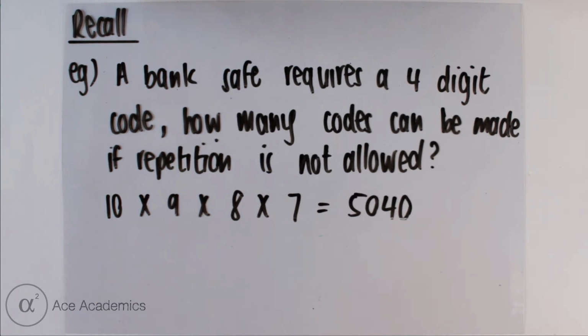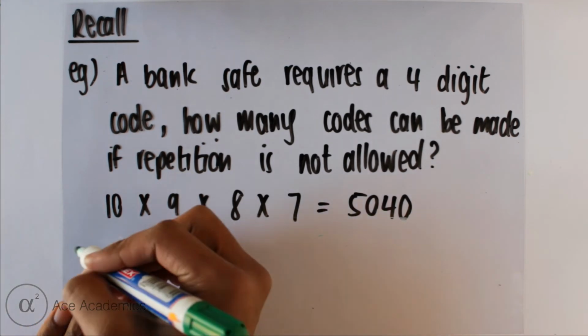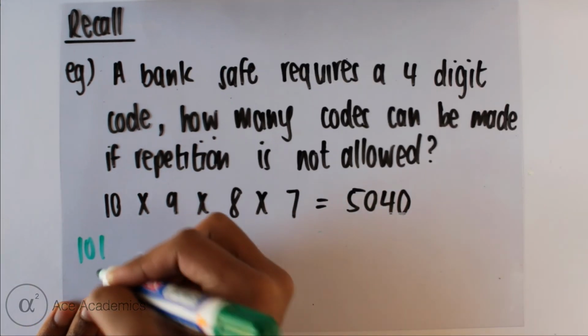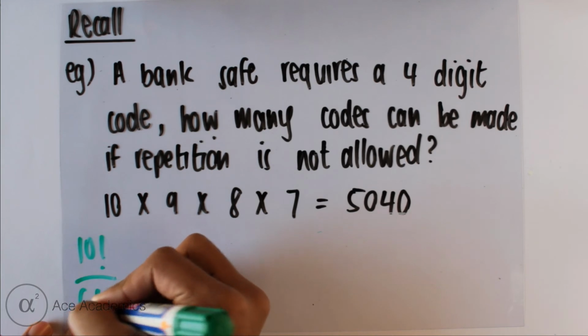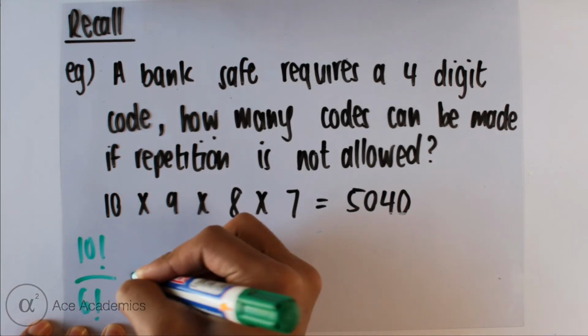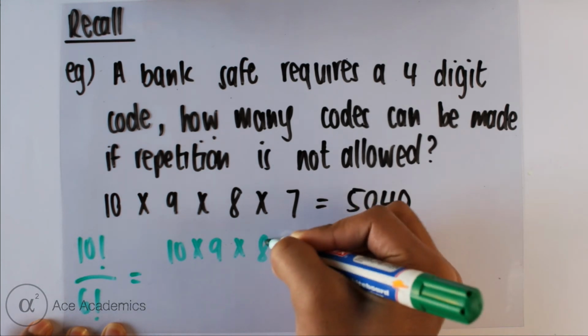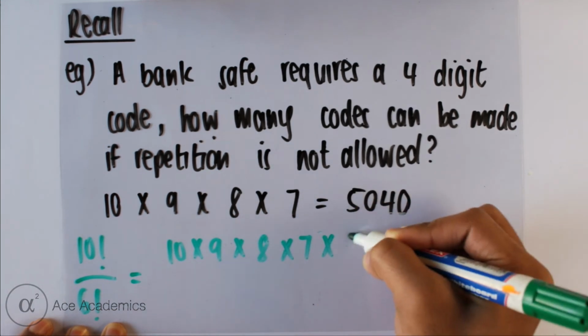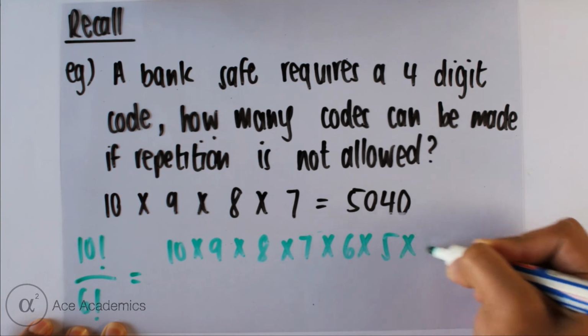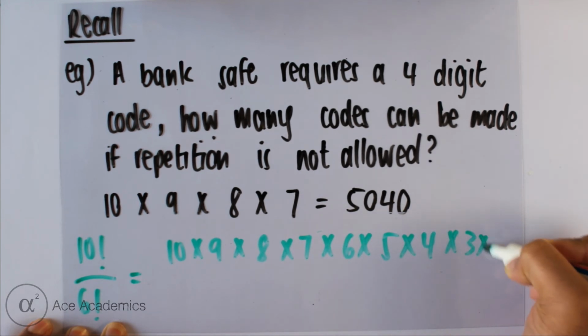Now, this can also be written in factorial notation as 10 factorial divided by 6 factorial, because 10 factorial is 10 times 9 times 8 times 7 times 6 times 5 times 4 times 3 times 2 times 1.